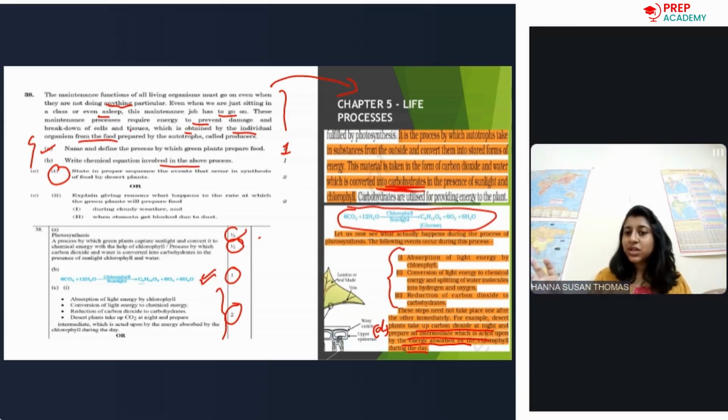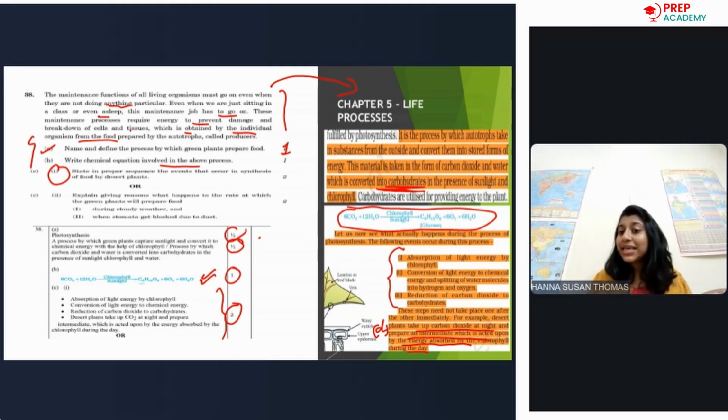Before we wind up our session, two or three things I have to let you know. First, you have to read, revise, and study your reader or textbook thoroughly. There is no alternative. You can use a guide, but there is no need for a guide if you have the textbook with you. So read, study, and revise all those concepts.